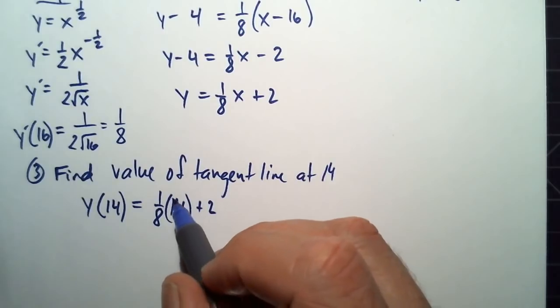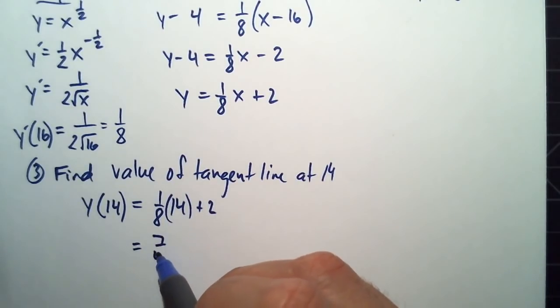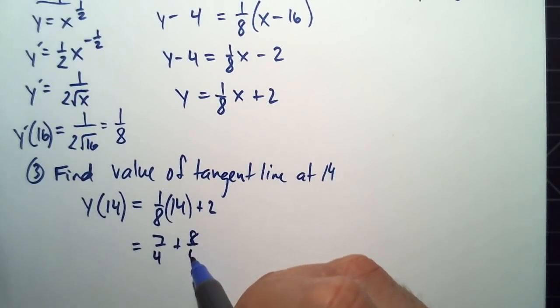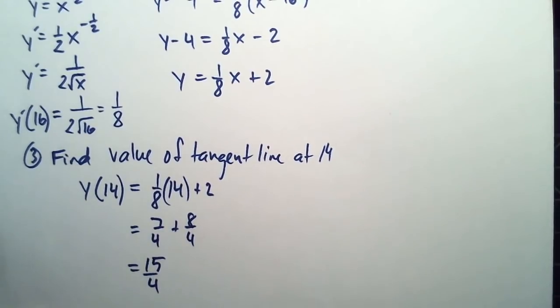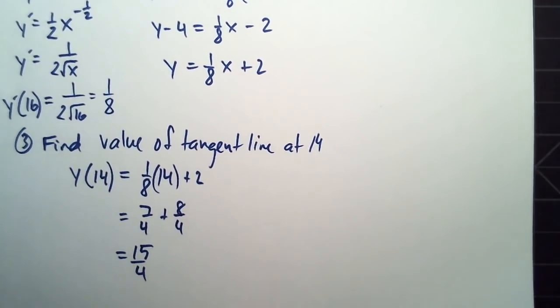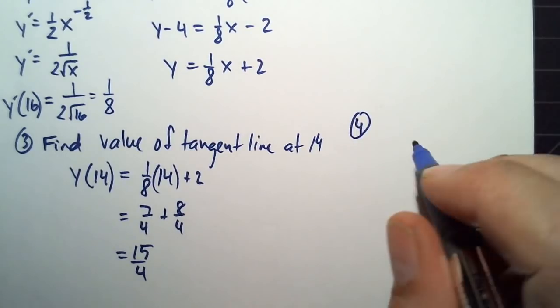And we'll have 14 over 8, reduce it to 7 over 4, and then this is 8 over 4, so we'll get 15 over 4. All right, and then step 4, we can talk about the error.